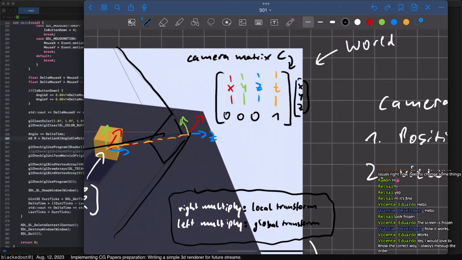So this is why homogeneous coordinates are used, which basically just adds a w coordinate to the point. So for example, point x, point y, point z, and then we also have a w coordinate.